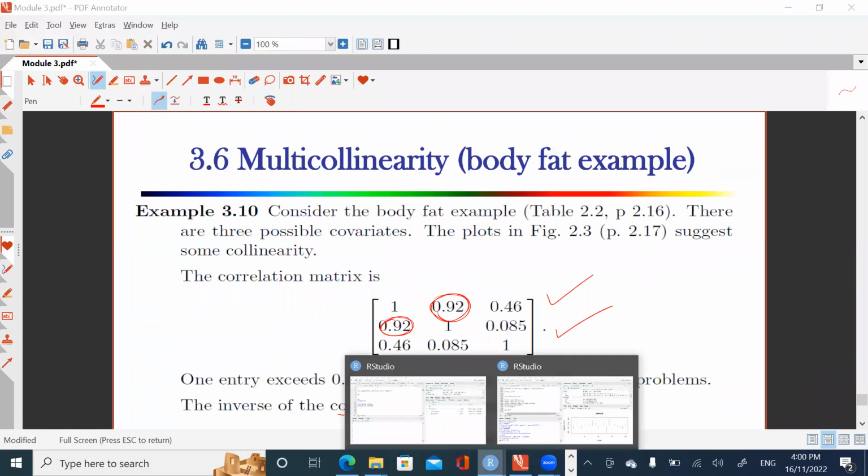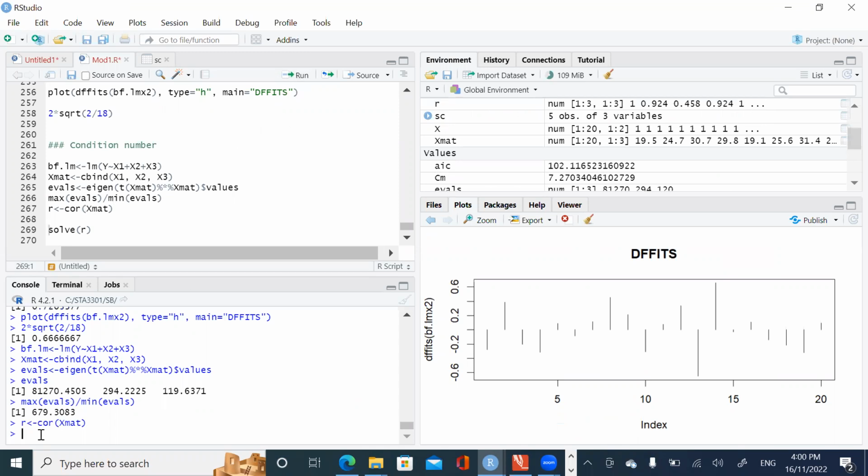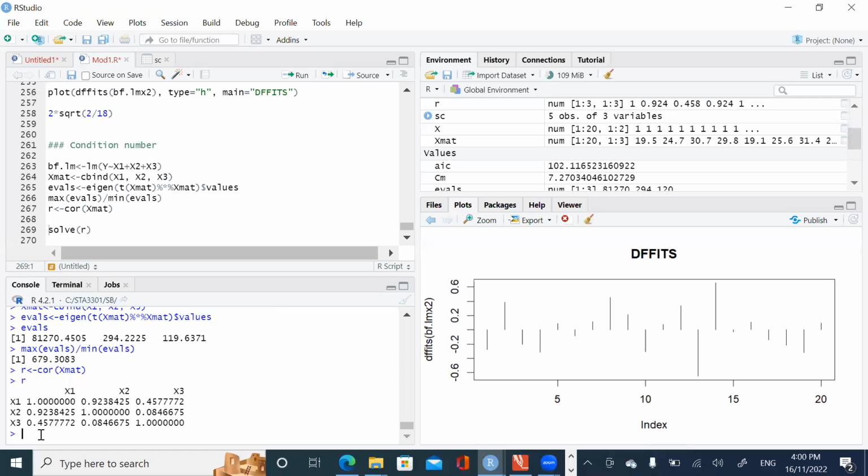We already calculated the eigenvalue condition number, that is 679. So now this is the correlation matrix. If we just use cor of X mat, then we'll get the correlation matrix. If I write R, yes, so that is 0.92. So x1 and x2 are highly correlated.